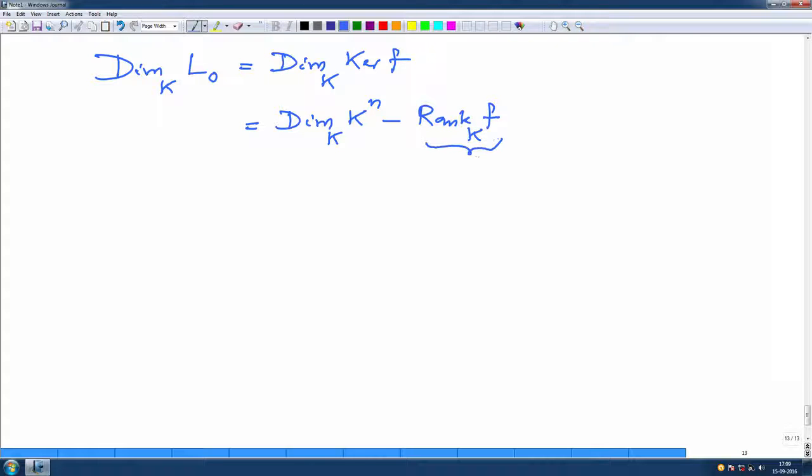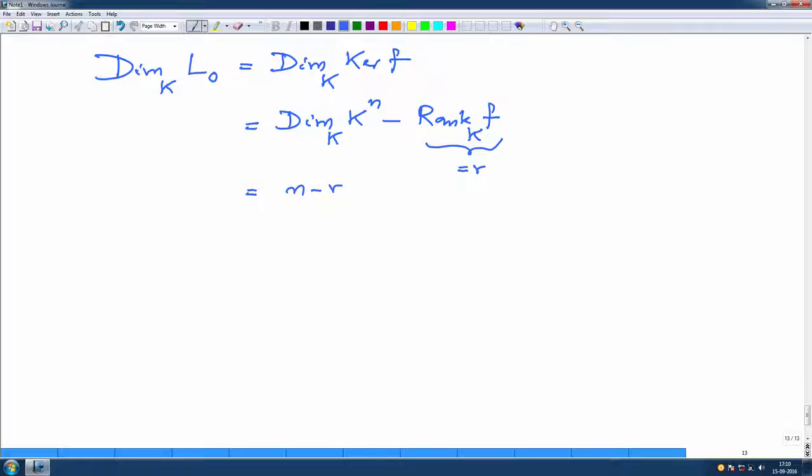If you call this rank R, and we know the dimension of k power n is n, then the dimension is n minus R. So, we know the dimension of L0 is n minus R, where R is the rank of f or the rank of the linear system. That is how we have defined the rank of a linear system.